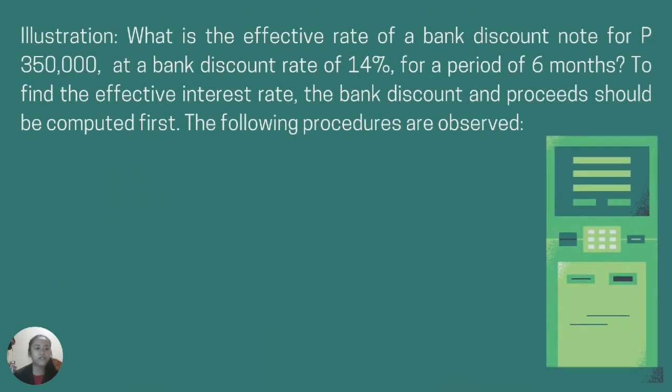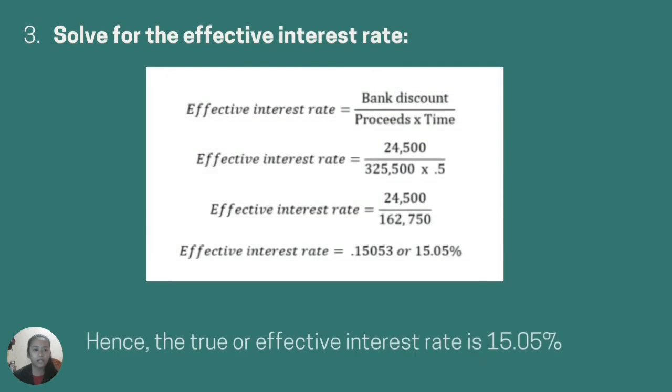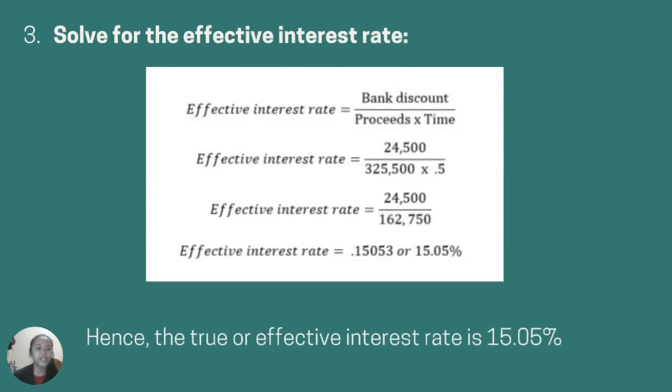The second procedure is to solve for the proceeds. We already know the formula: proceeds equals face value minus bank discount. Substituting, 350,000 minus 24,500, we have proceeds of 325,500. Lastly, in solving for the effective interest rate, the formula is effective interest rate equals bank discount over proceeds times time.